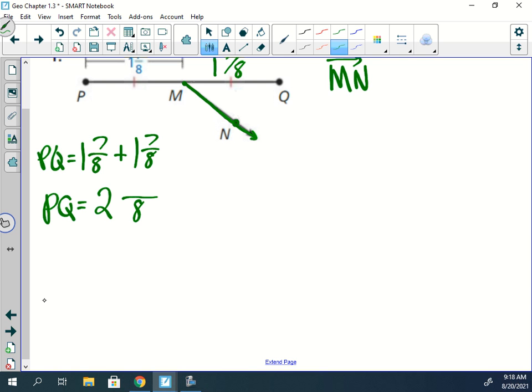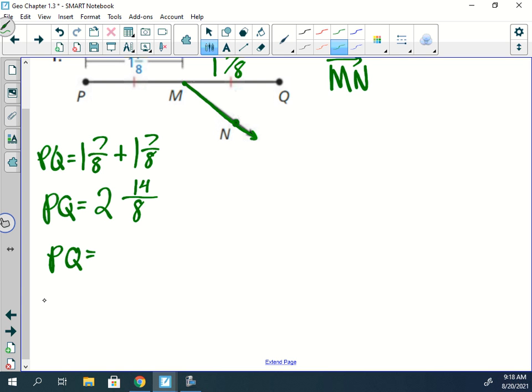So 7 and 7 is 14. Well, we can't leave it like this because we need to reduce the 14/8. One thing I do know for sure is that we can pull an 8 out of 14 because it is bigger on top than it is on bottom.